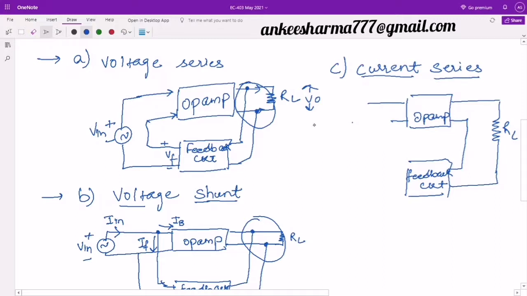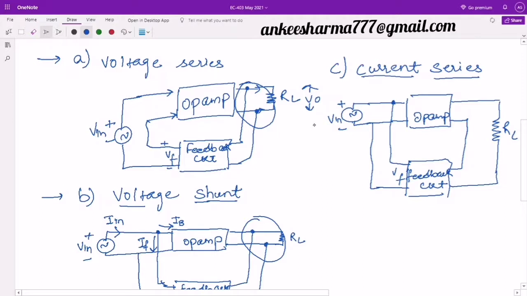It means whatever the input is there will be available in series. So this feedback input will be connected. If I draw the input voltage over here, let this be the input voltage plus minus. So this feedback voltage or the current, whatever you want to represent here, must be connected in series. So this is the current series combination.